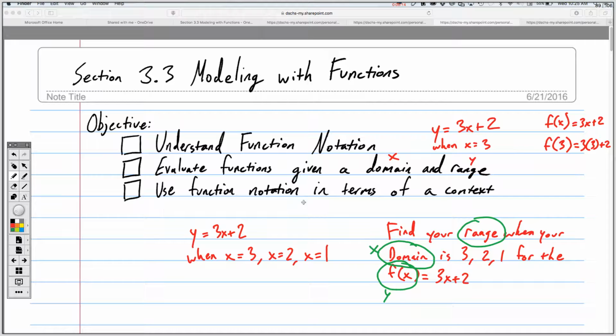Okay, use function notation in terms of a context. The final part, after we've learned these two checkpoints, is we need to know how to use this in an actual application.